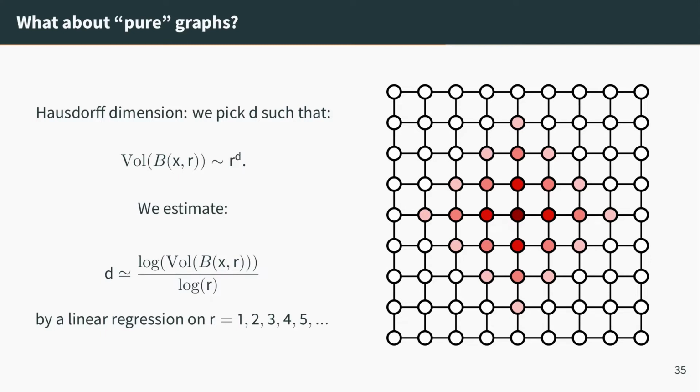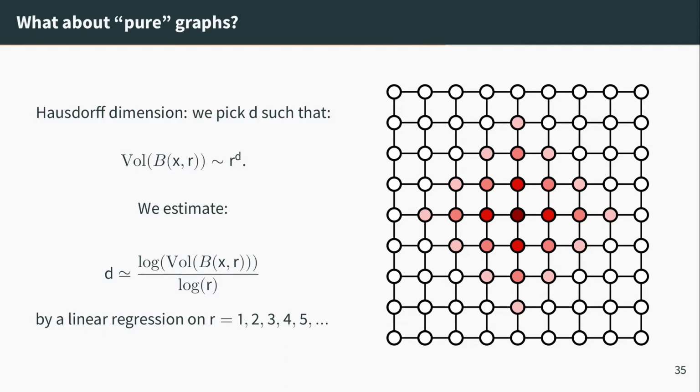And the way you would estimate this numerically is to say, okay, you would compute the volume of the ball of radius r for r equal to 1, 2, 3, 4, 5. You would apply a logarithm, and then you would divide this by the logarithm of r and try to find a good value. So in other words, d would be the linear regression coefficient between the logarithm of r and the logarithm of the volume of the ball centered around x of radius r.